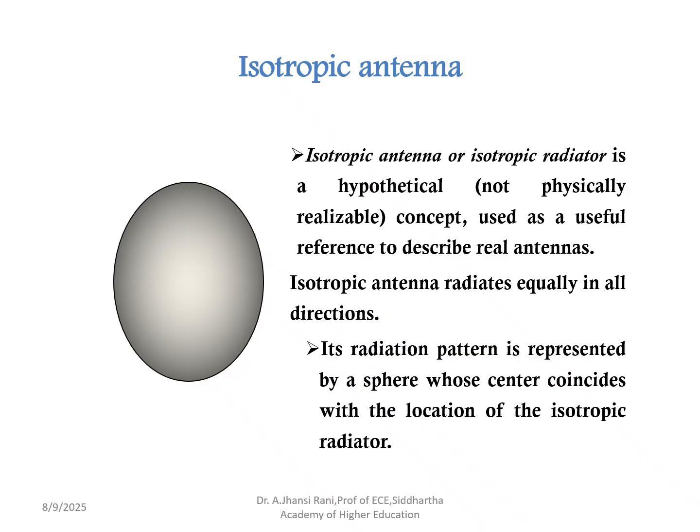It is useful as a reference to describe real antennas. It radiates equally in all directions, all theta and all phi. It is represented by a sphere whose center coincides with the location of the isotropic radiator.